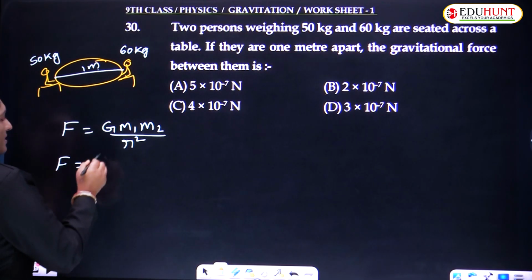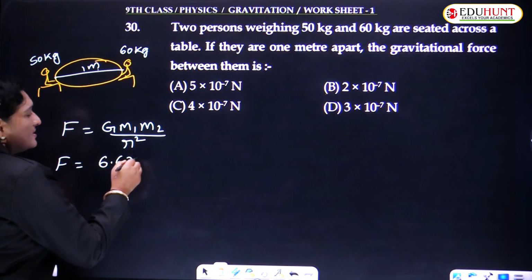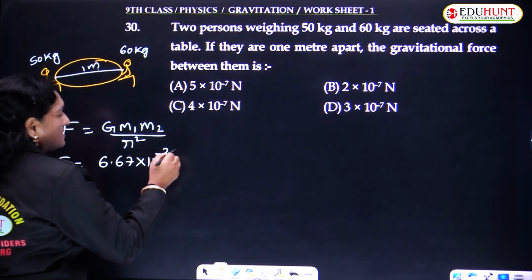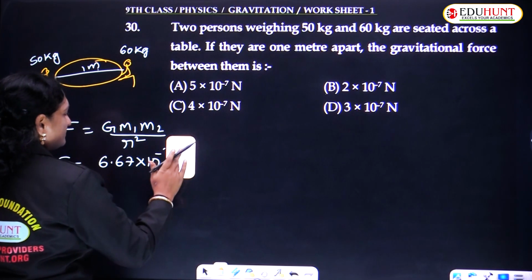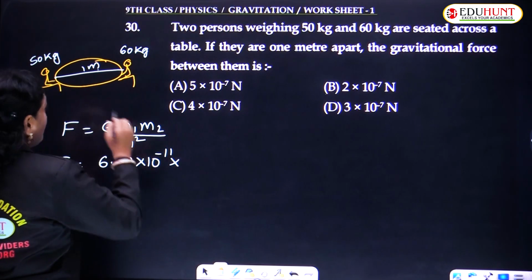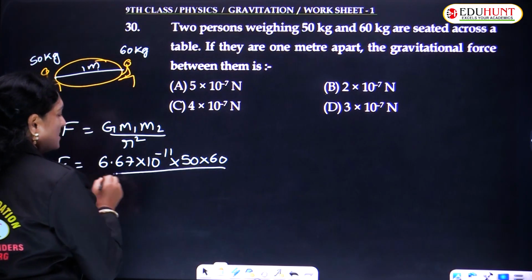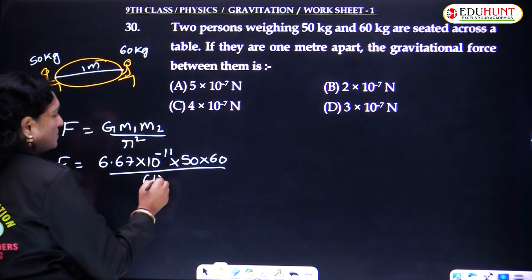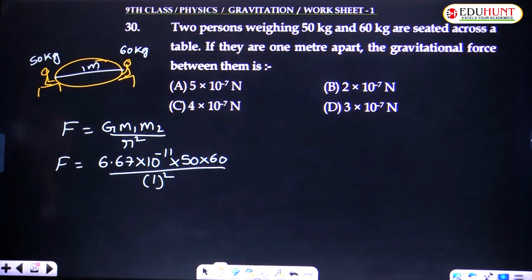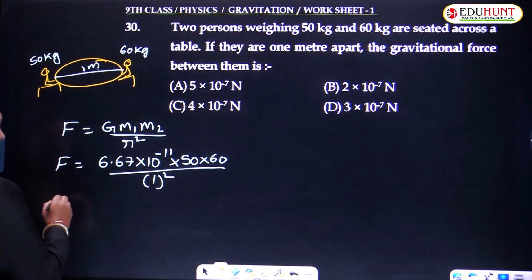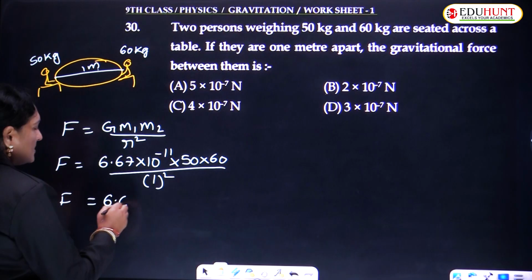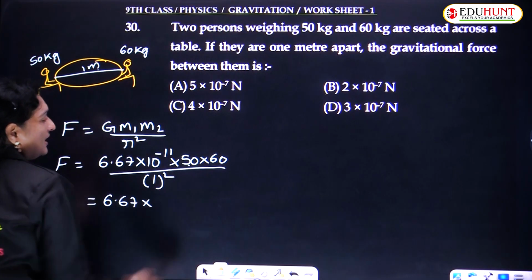So F is equals to, value of G is 6.67 into 10 power minus 11. Mass of the first person is 50 kg and mass of the second person is 60 kg. Distance of separation is 1, so 1 square. So F is equals to 6.67 into 50 times 60.